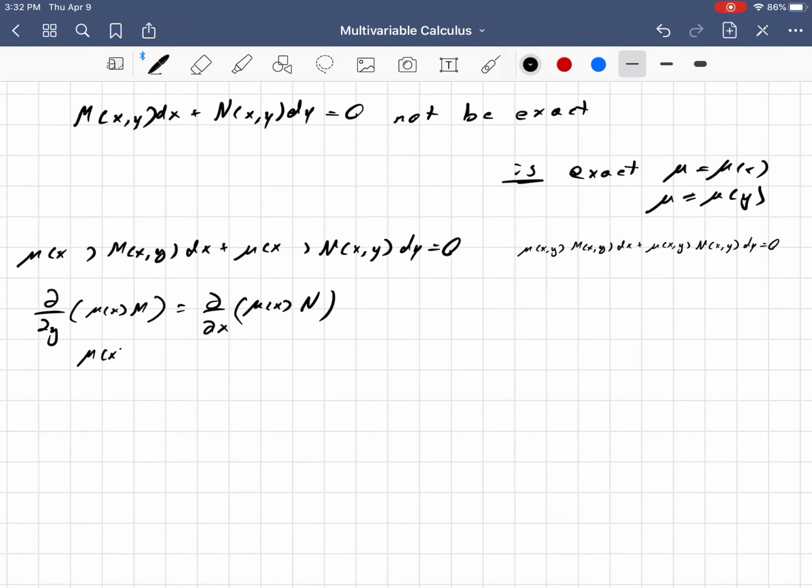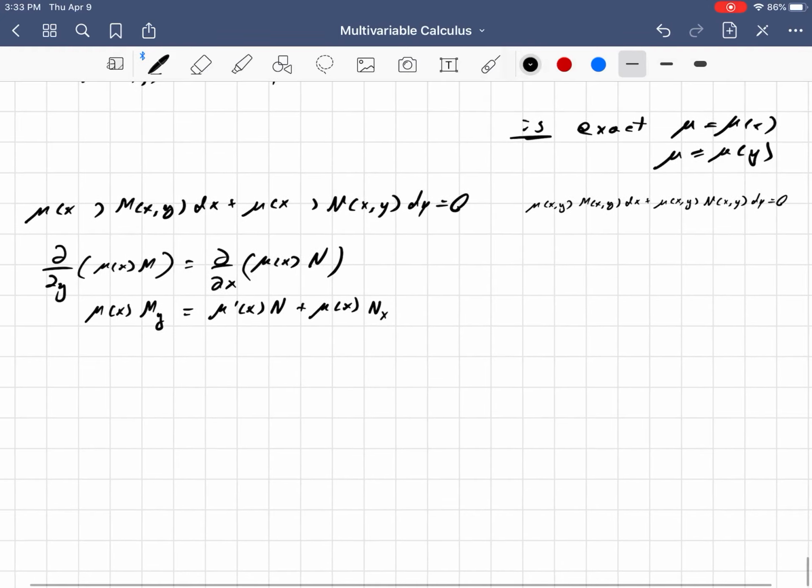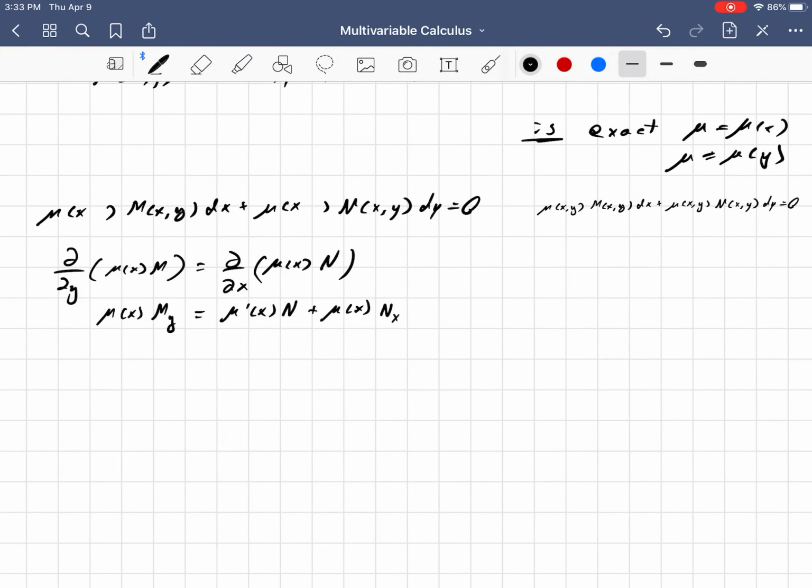So with respect to y, mu of x is a constant. So mu of x times M sub y, the partial of M with respect to y, needs to be equal to, and here we have to use the product rule, mu prime of x times N plus mu of x times N sub x.